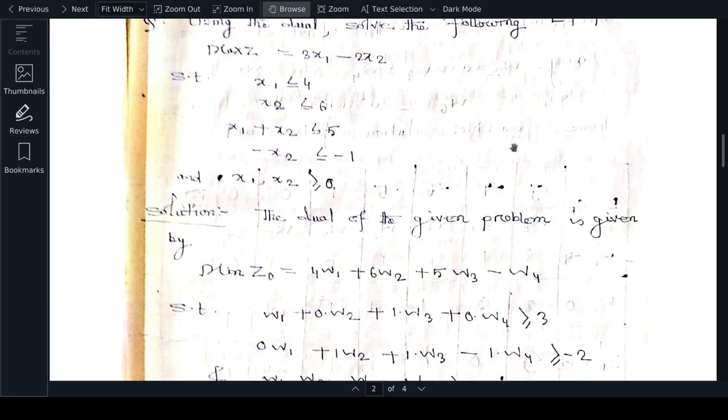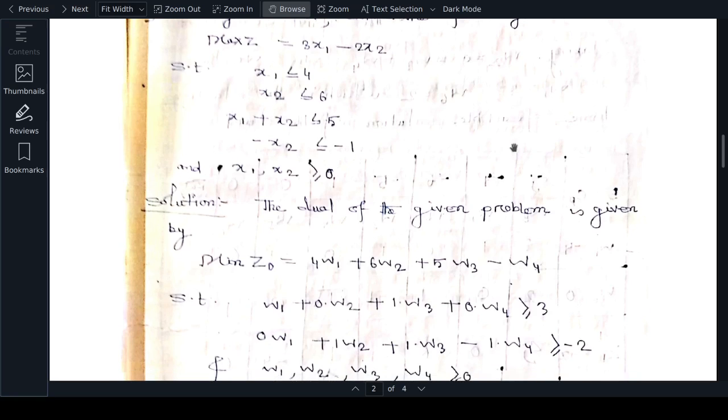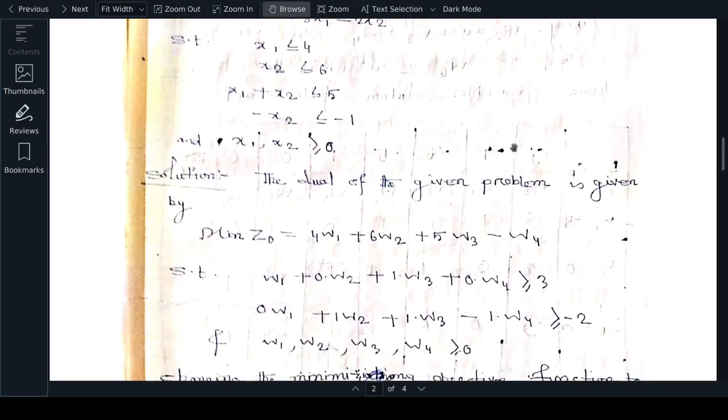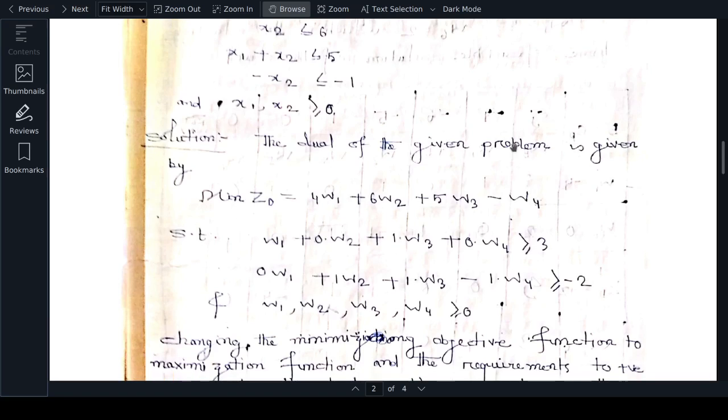And how many variables? 2. So in the original problem, the primal problem, there are 4 constraints and 2 variables. When we convert it into the dual, we get 2 constraints and 4 variables.